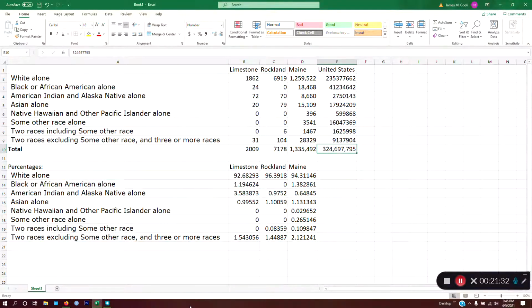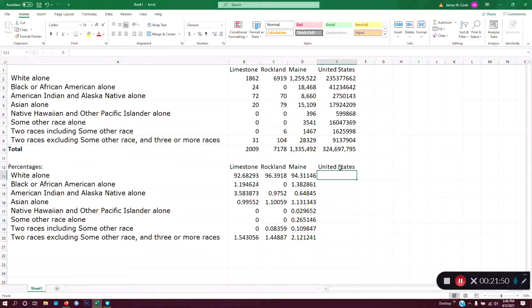So that's a lot of multiracial people in the United States. And if we take a look at the total there, that does sum up to 324,697,795 people.